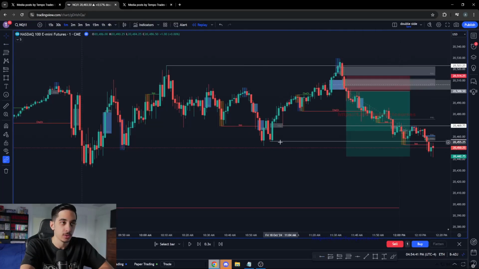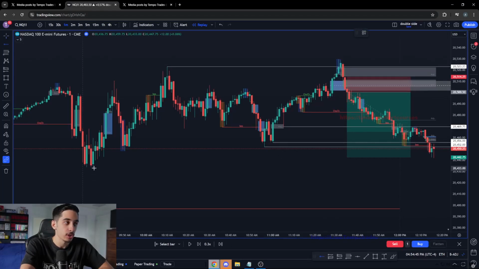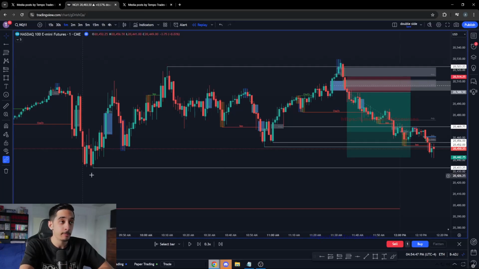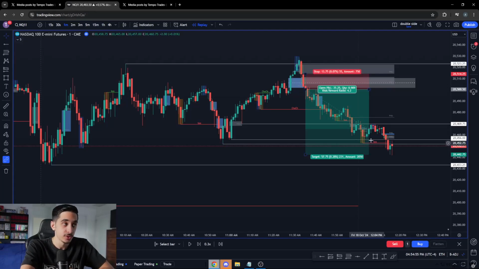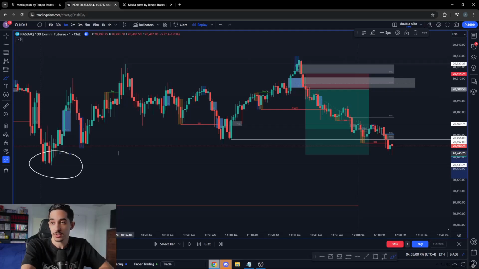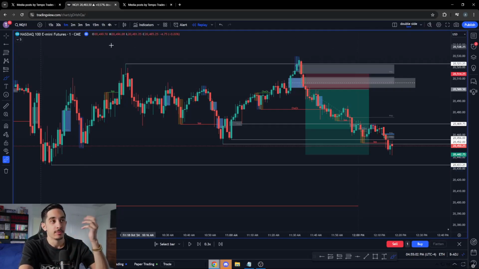So you have these swing lows, you have this swing low, and then you could also target low of day. This would be a major liquidity sweep because this low of day was put in at 9:35. Current price is at 12:16. That's almost 3 hours. So this would be major liquidity resting here.